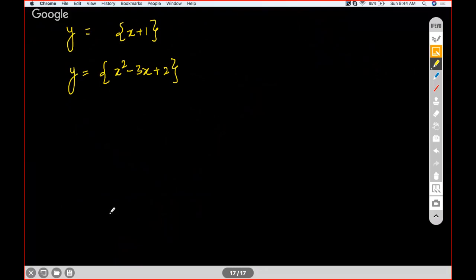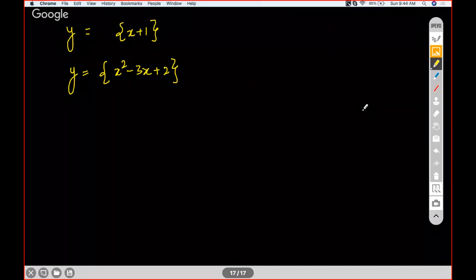So what would you do? You would take it between different intervals and plot it that way. Between the interval of 0 and 1, you would do x square minus 3x plus 2, and between 1 and 2 it would be (x minus 1) whole square minus 3 times (x minus 1) plus 2.